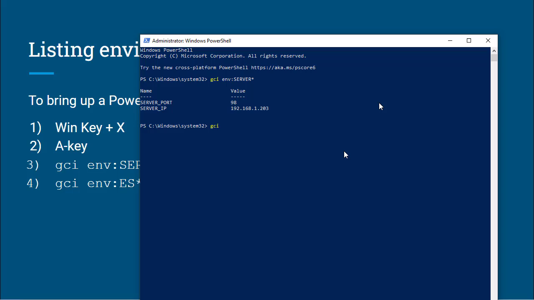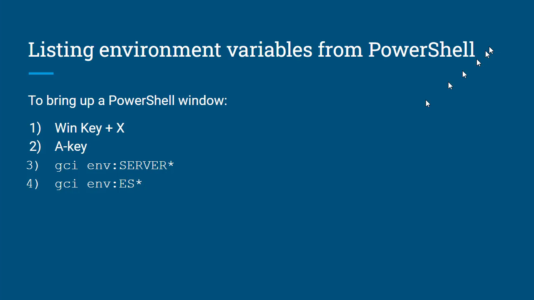And GCI env:es*, got the user ID is elastic by default, and then this was the password that we were given, and then the port's going to be 9200 for Elasticsearch. So that's all set up correctly.